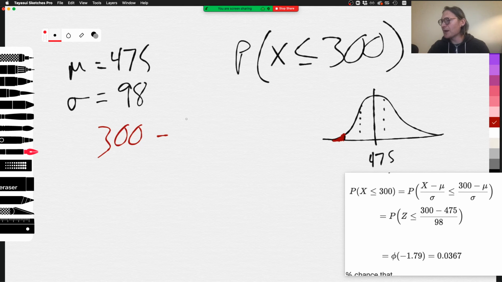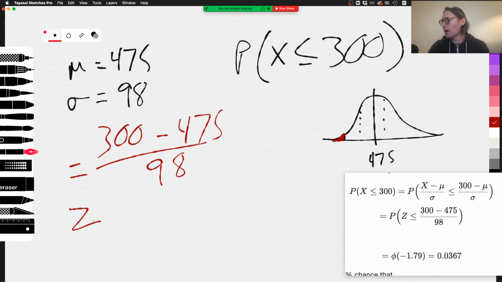So 300 minus 475 over 98. And if we process that, this is going to be z. Z being less than this, we get a value of negative 1.79. So our z-score is going to be negative 1.79.